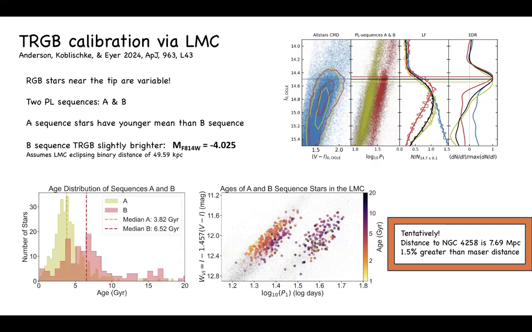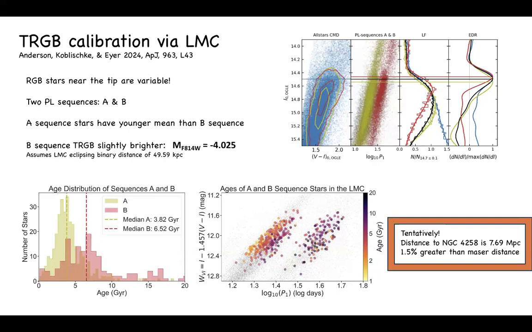That is to say, if you look at them, you find that there's a split period-luminosity relationship. This is luminosity here, and this is period. And when you look at stars near the tip, you find that they follow either one or the other of these two families.